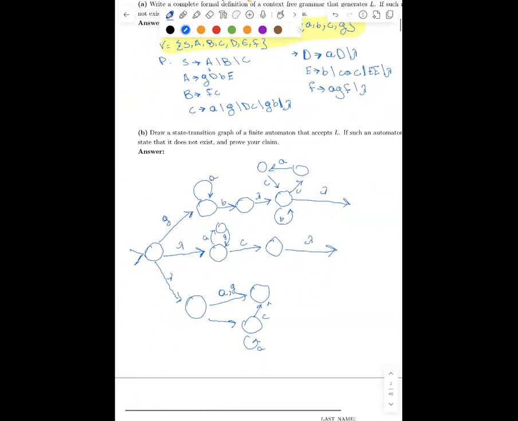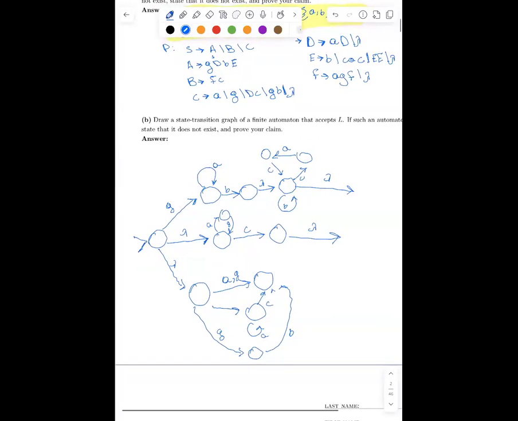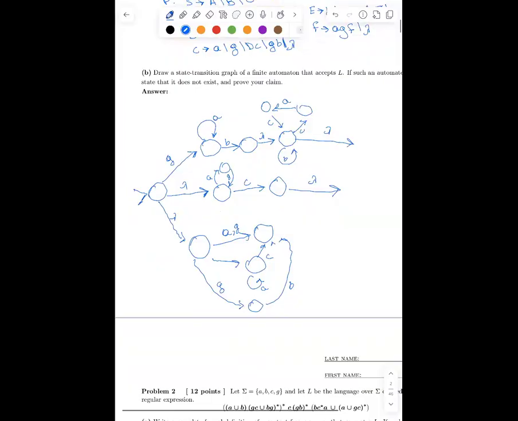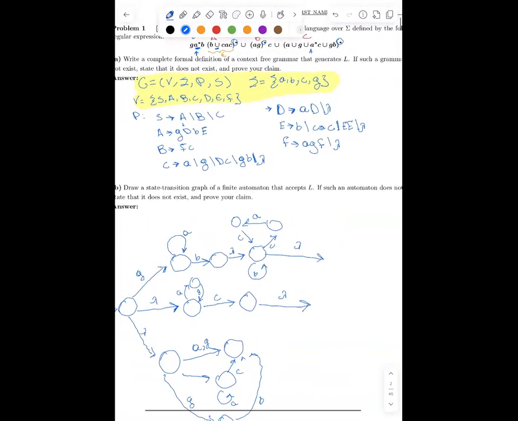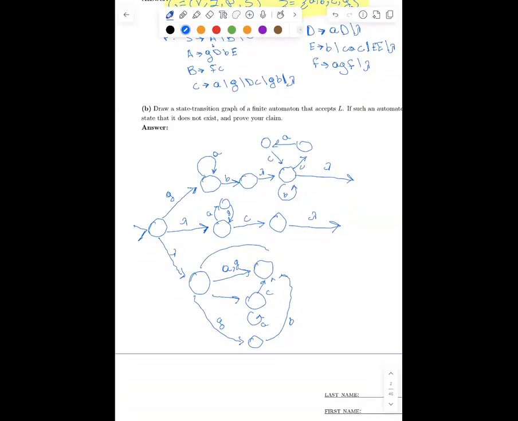And then I have G and B. So B goes here, but because there is a clean start here for everything, I will use one lambda here. And then I have to do another one, an arrow that goes back to my original. And this is another lambda. So everything comes to this position here, which is my final state.